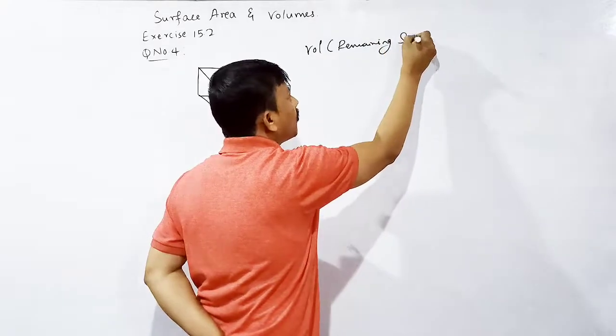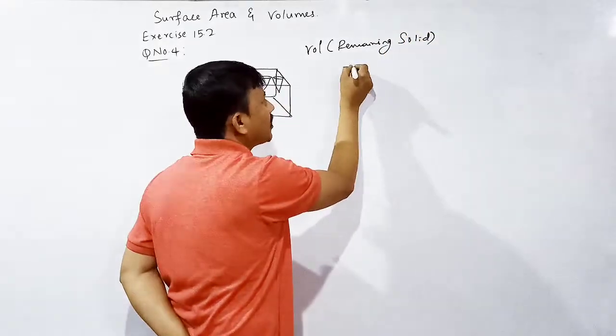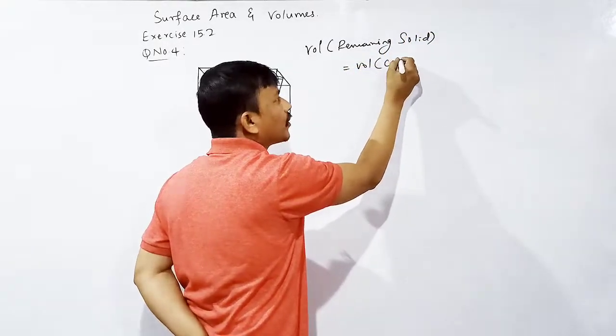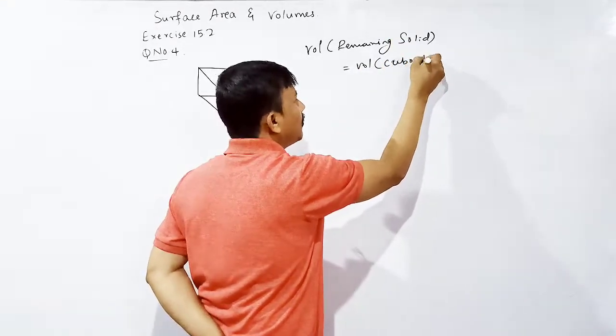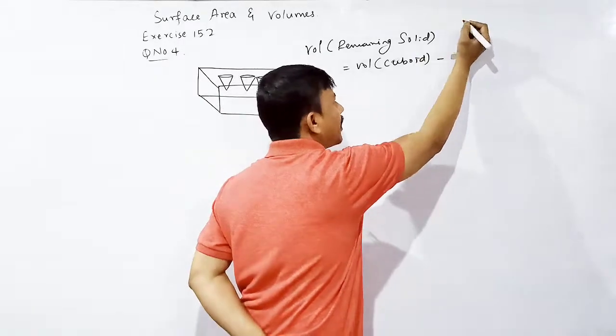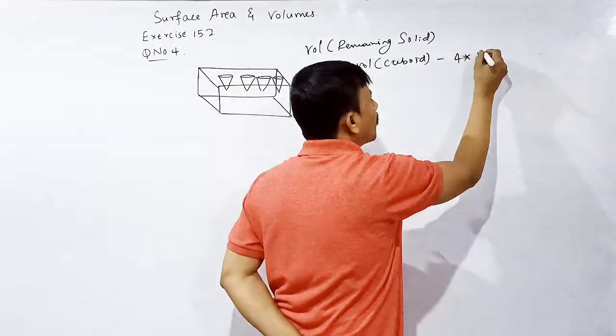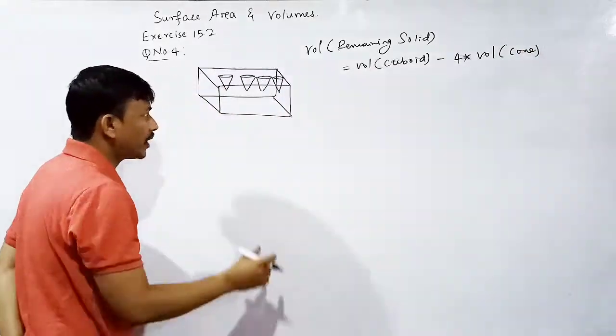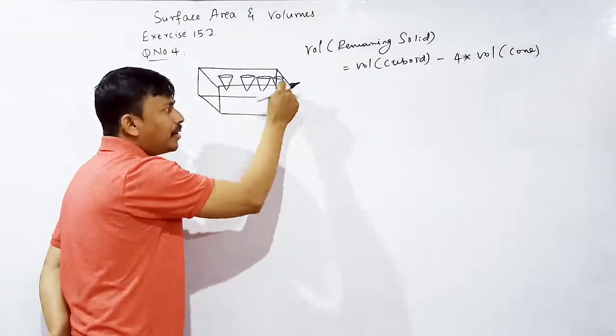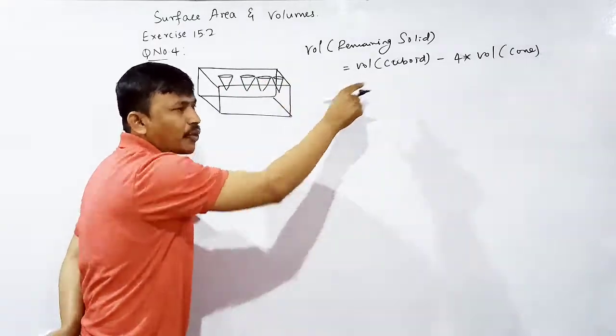The volume of the remaining solid is equal to volume of cuboid, correct, minus 4 into volume of cone. Yes or no? Look here: volume of cuboid minus 4 into volume of cone.